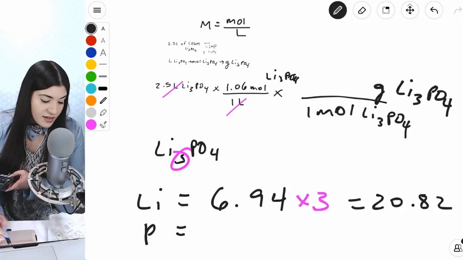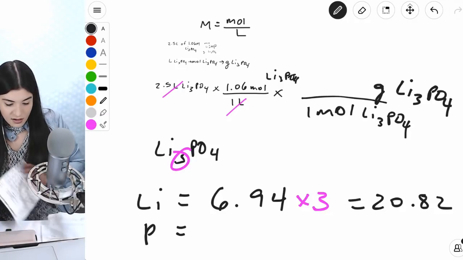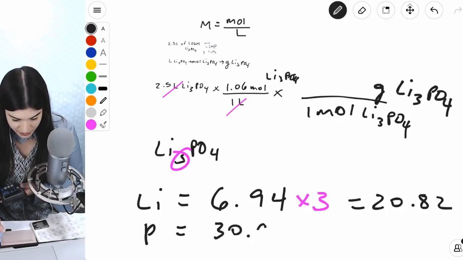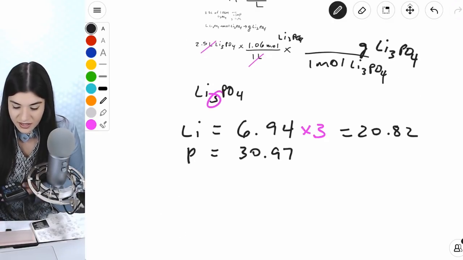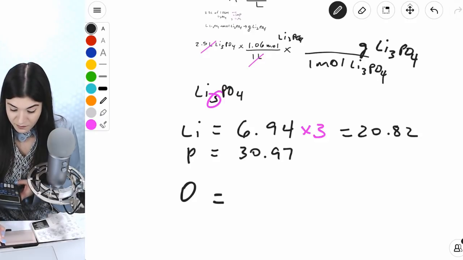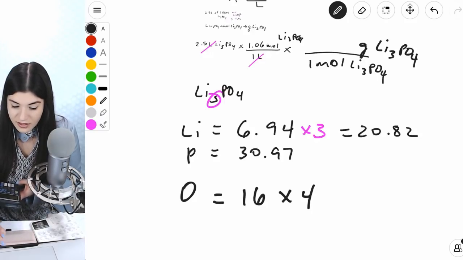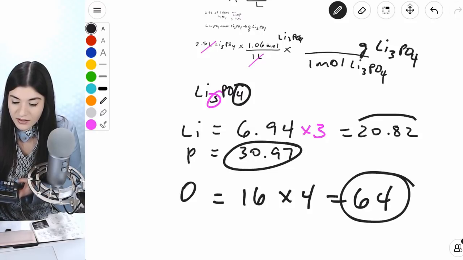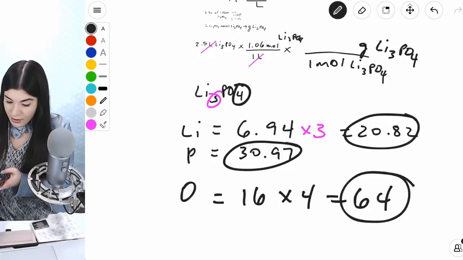And then phosphorus has a mass of 30.97. We'll add those up in a second. And then oxygen has a mass of 16. And then I'll multiply that by 4 since there are 4 of them, giving us 64. We'll add all of these values together and we'll put that on top.